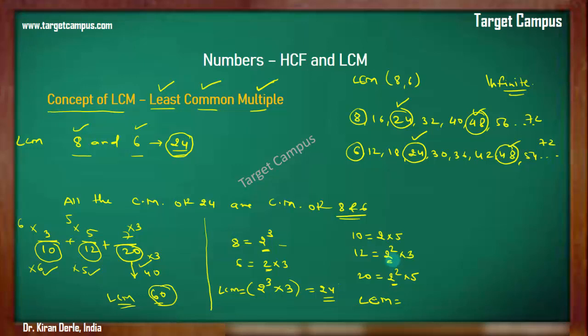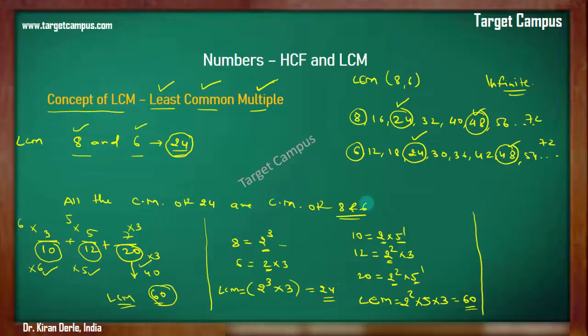Common factor, highest power of common factor, 2 square, right? This is common, 5. Highest power is 1 only, right? And uncommon is 3. So this should be the LCM. Let's see. 4 into 5 is 20. 20 into 3 is 60. This becomes our LCM.